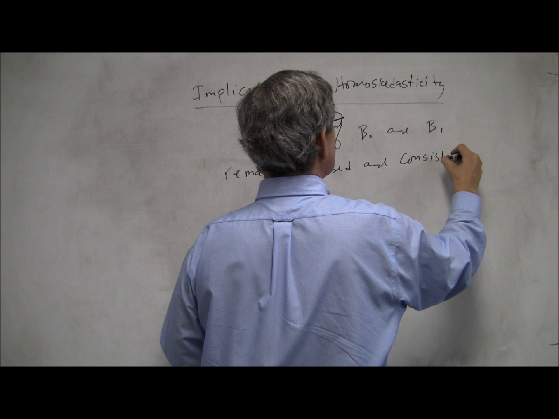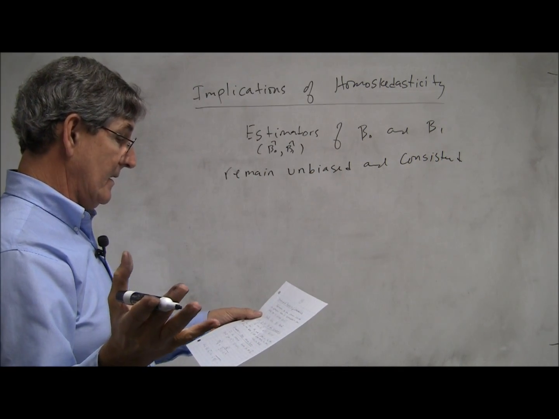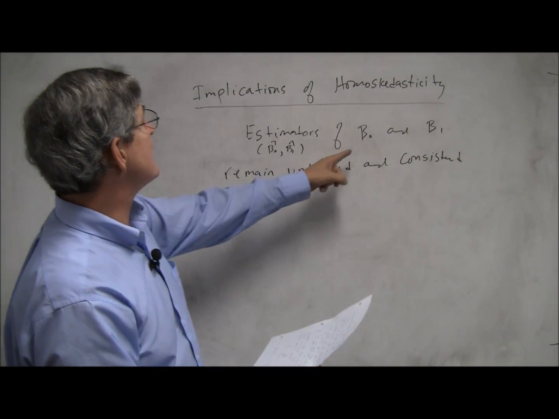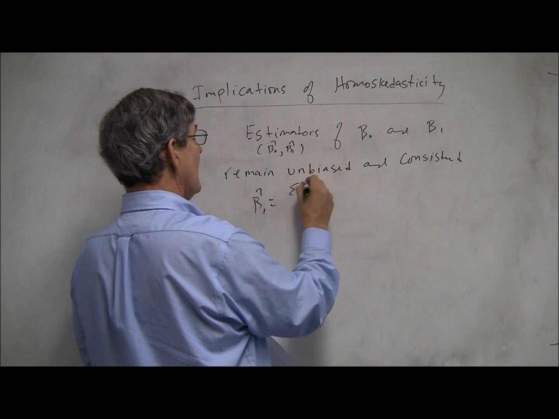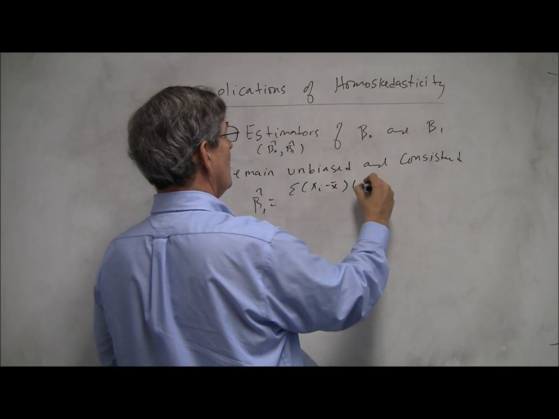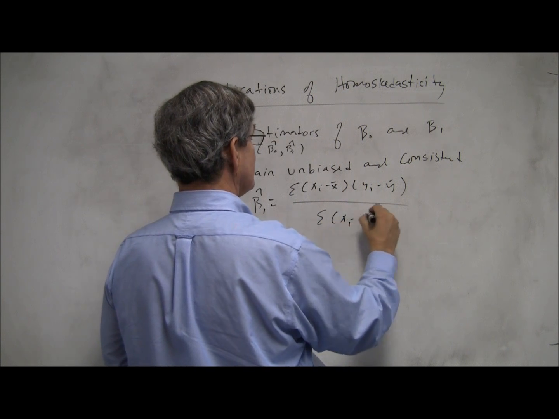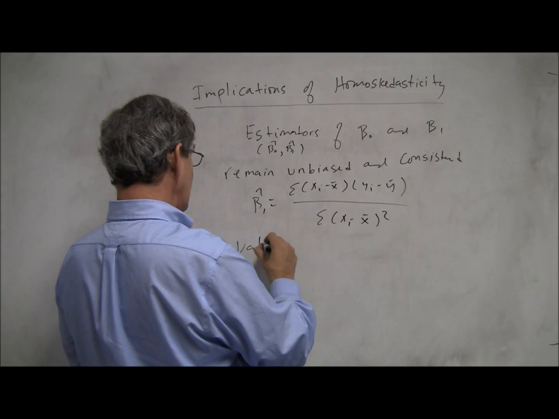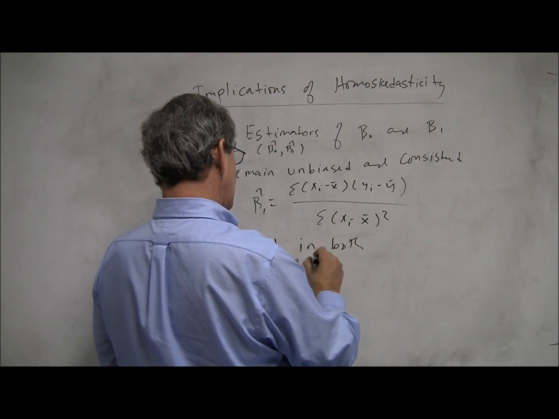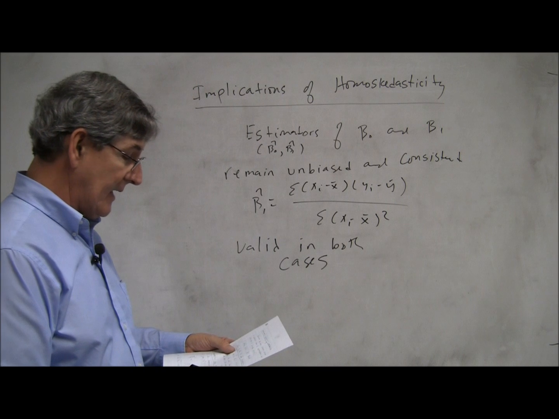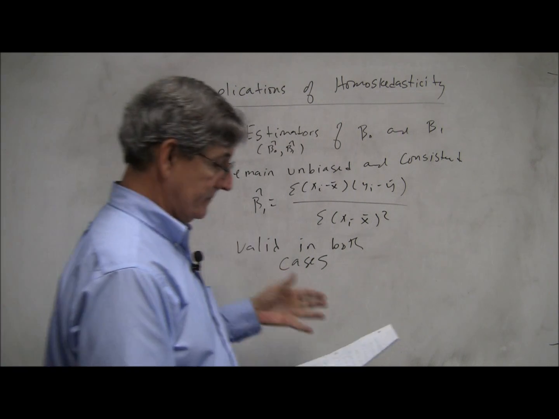So we don't have to change the estimators. The estimator beta 1 hat is the sum of (x_i minus x bar)(y_i minus y bar) over the sum of (x_i minus x bar) squared. That's valid in both cases. It's unbiased and consistent in both cases, so it doesn't make any difference.